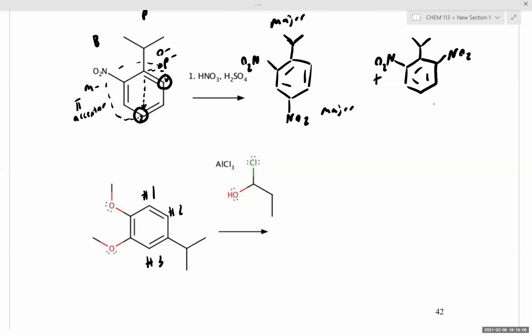Okay, perfect. So let's look at this last example and let's work through and identify the major and minor products. And we'll discuss this example once I see a few student responses in the chat or verbally. So which of these three positions is most activated for reaction, and where will we observe our major product?